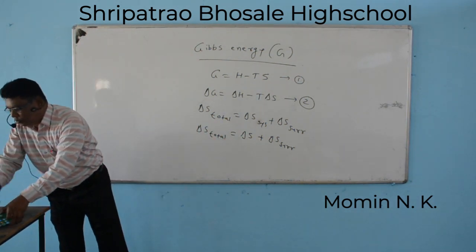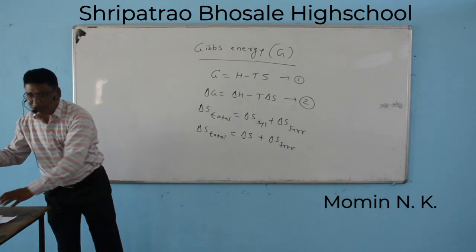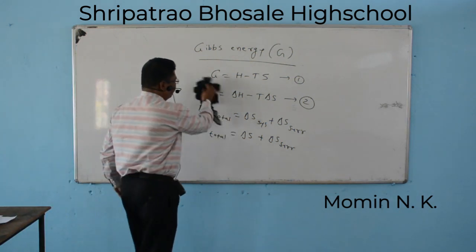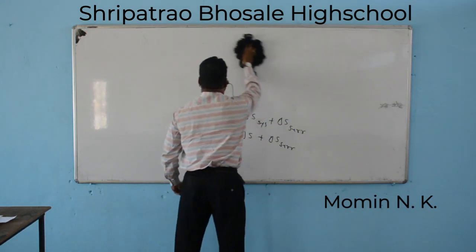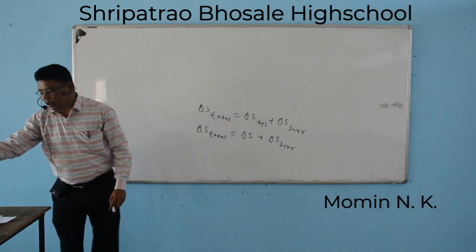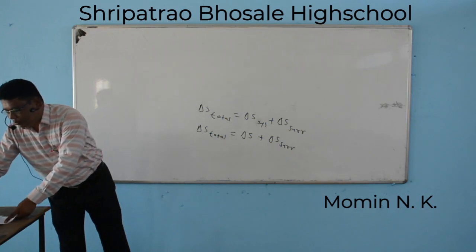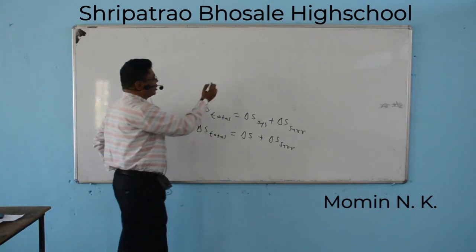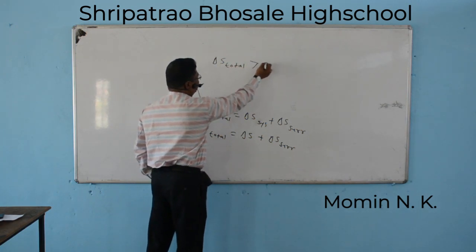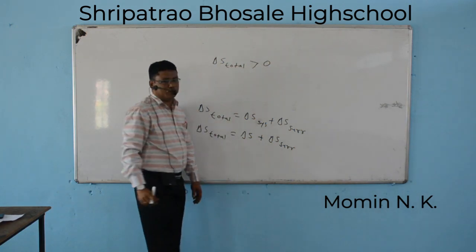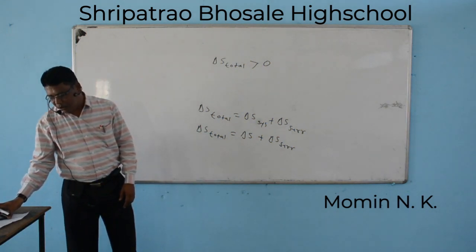Now we want to know the relation between delta G and delta S, that is, change in Gibbs energy and change in entropy. According to the second law of thermodynamics, delta S total is greater than 0 for a process to be spontaneous.